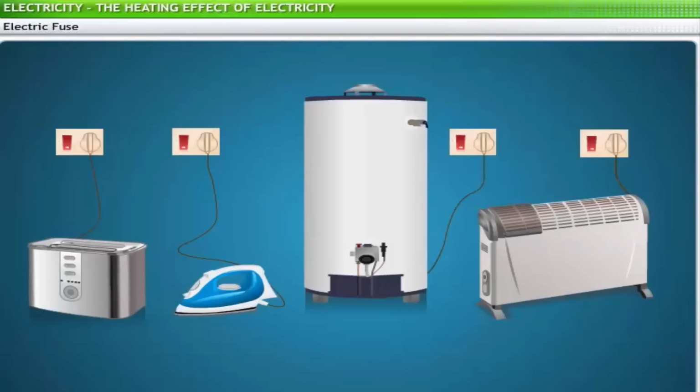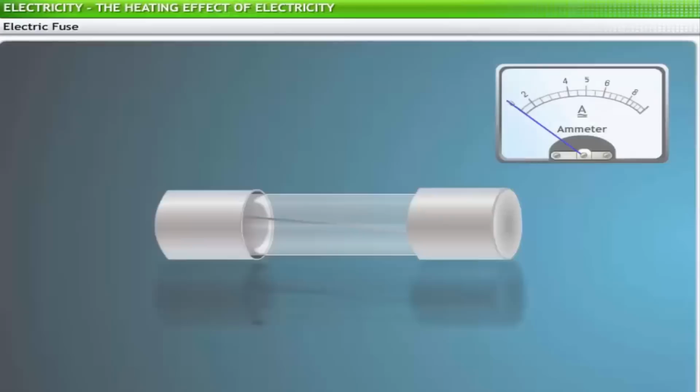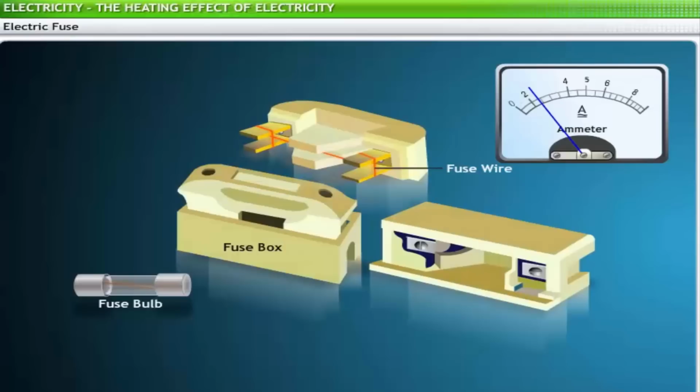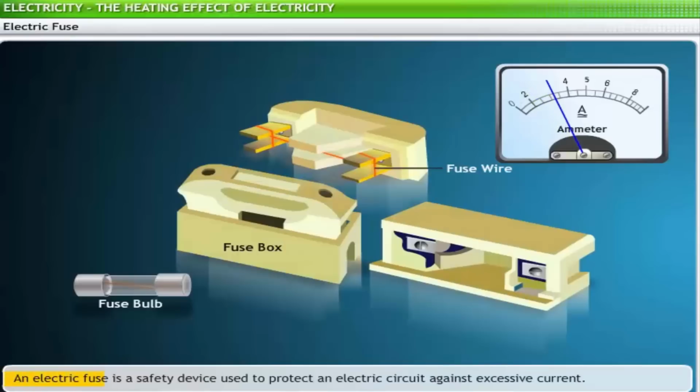If your electrical appliances receive very weak or very strong current, they could be damaged and stop functioning. To prevent such damage from fluctuations in the current, an electric fuse is used in the circuits of most houses these days. An electric fuse is a safety device used to protect an electric circuit against excessive current.